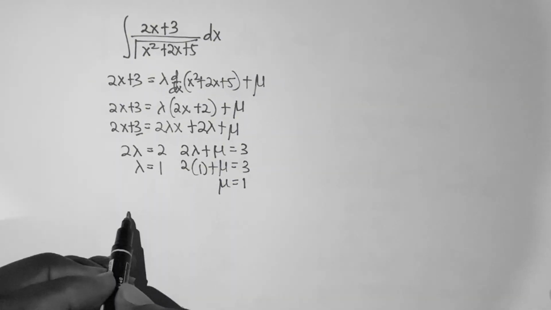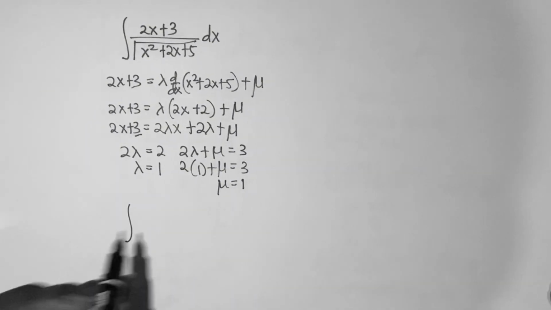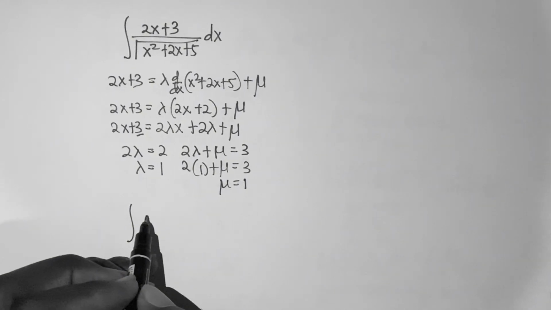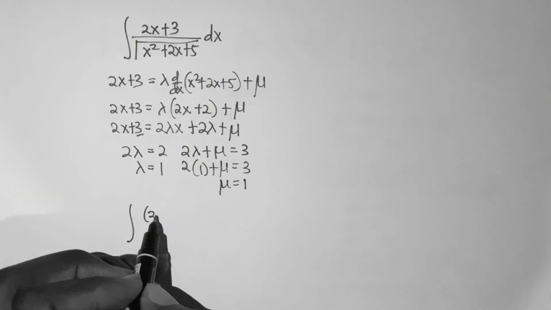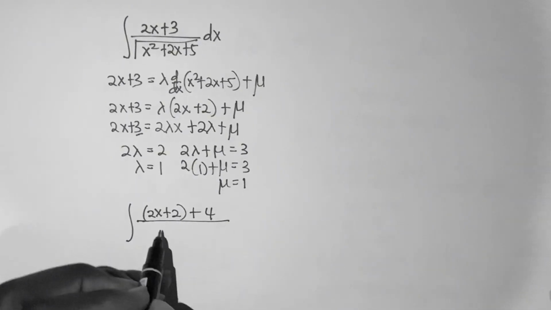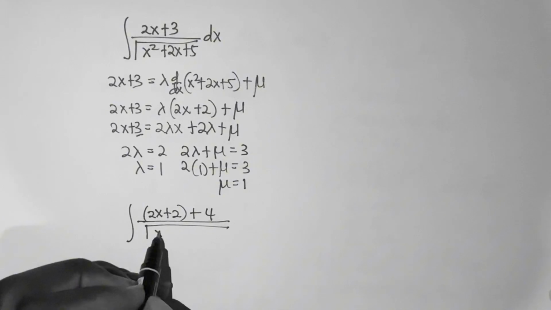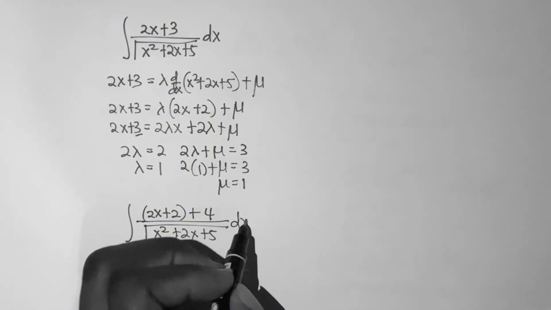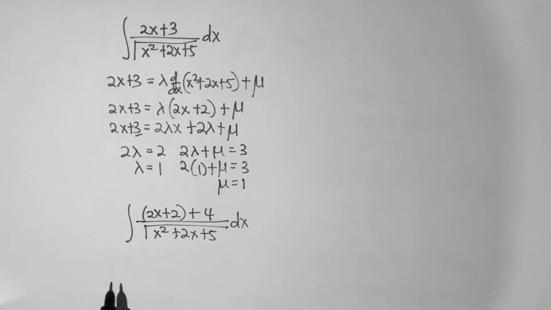So it means that this integral becomes the integral of lambda, which is 1, times the derivative. This becomes (2x plus 2) divided by the square root of (x squared plus 2x plus 5) dx. We can now break this integral into 2.